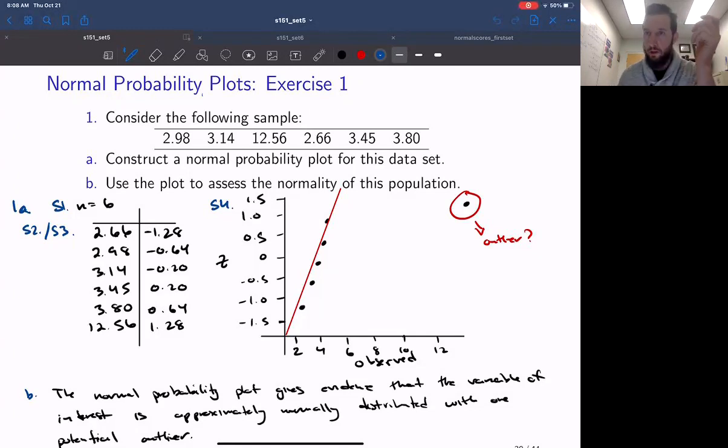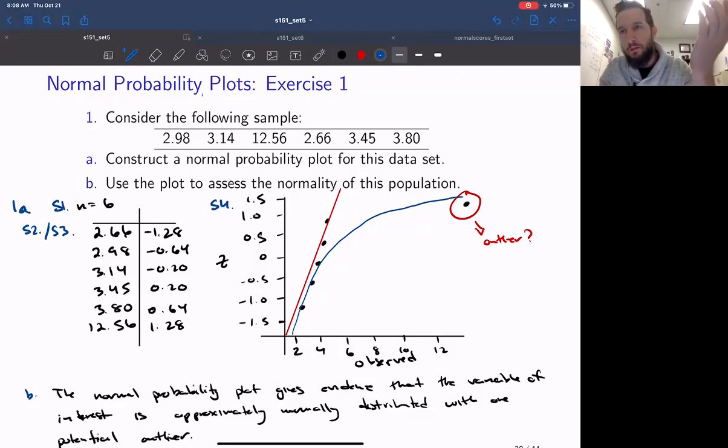But if you're being really strict, you could say this is actually more of a right skew relationship because of that outlying point. You might say we only have 6 values, we need to pull more, but what if this outlier isn't an outlier? It's actually representative of the tail of the distribution, and in this case, we have more of a right skew.